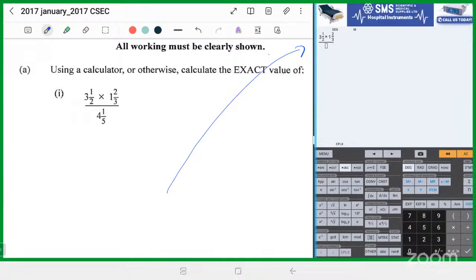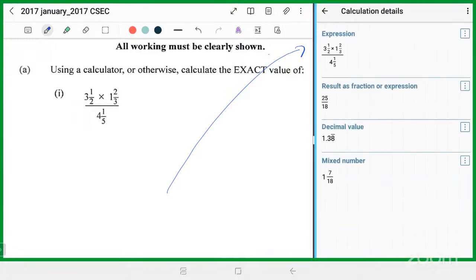And then I'm dividing that by another mixed number, 4 1/5. And the answer is 1.38888, which as a fraction, the exact value, would be this value right here: 25/18.